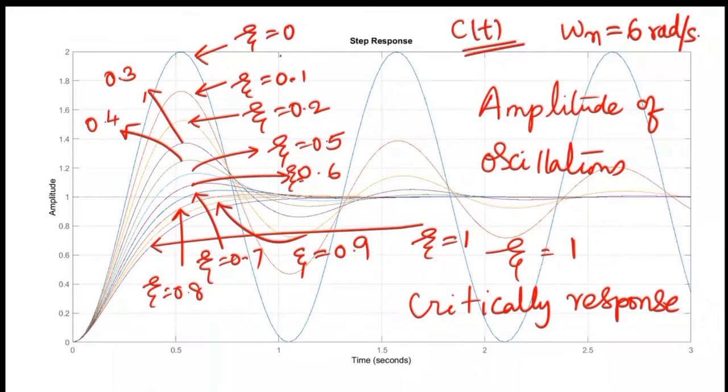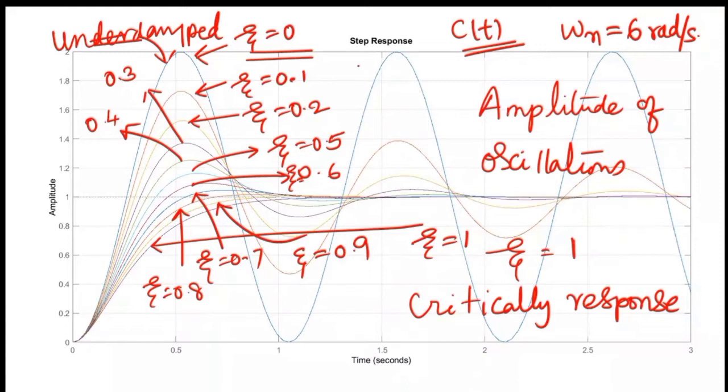If beta value is equal to 0, the response is called undamped response.